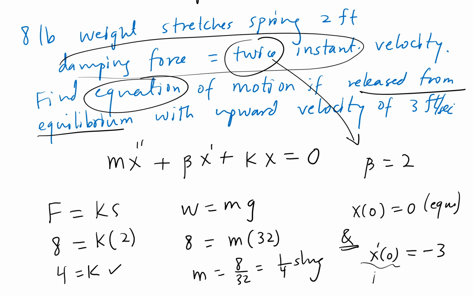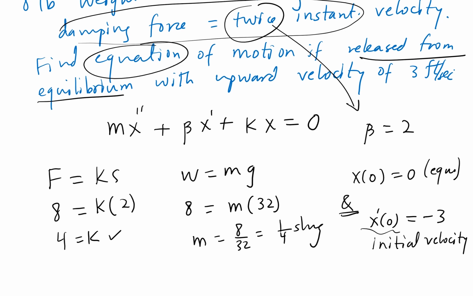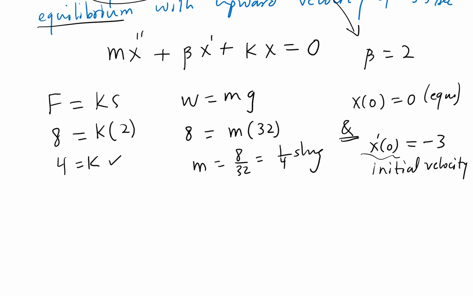That's called the initial velocity. So from the given problem, I was able to solve for k, m, and beta, and produce the 2 initial conditions.